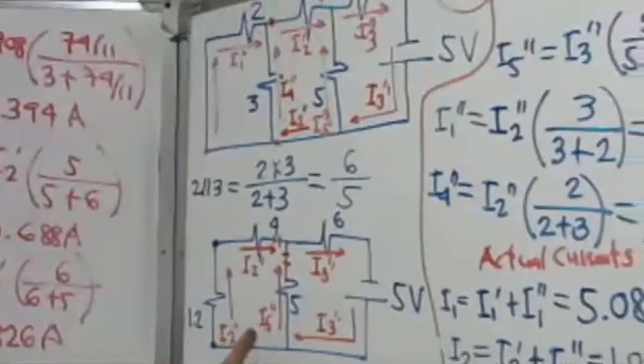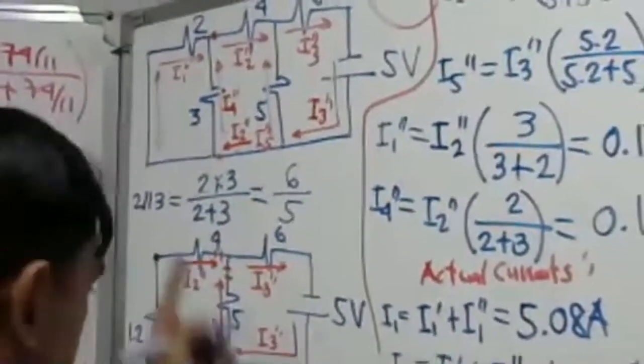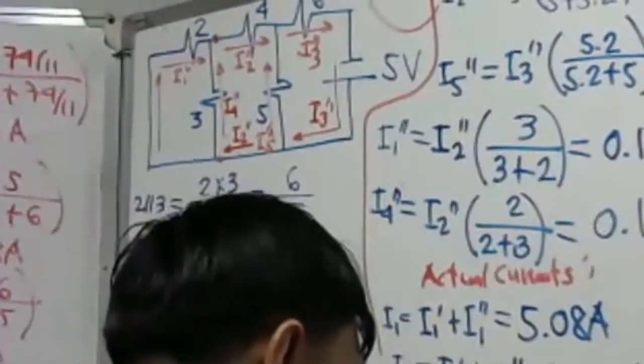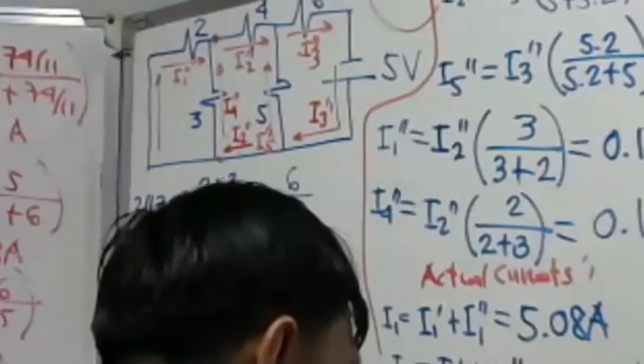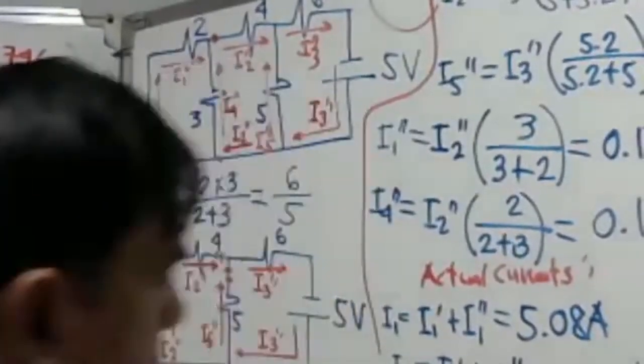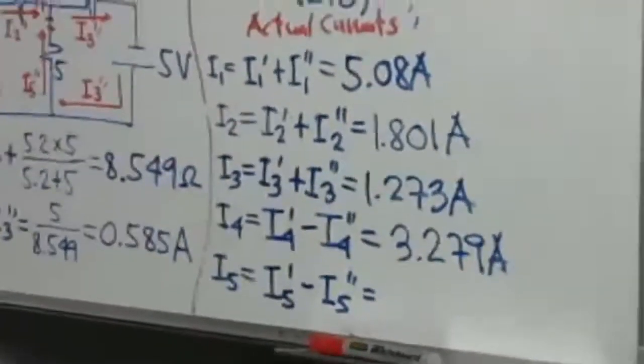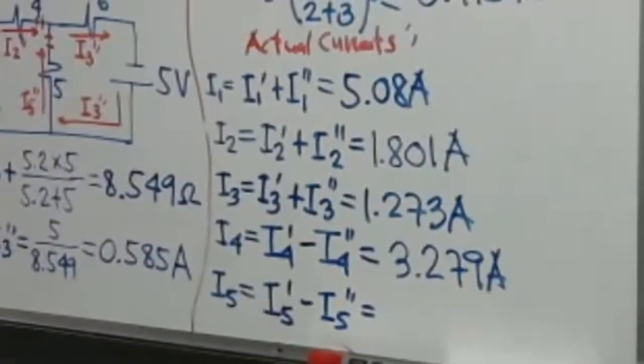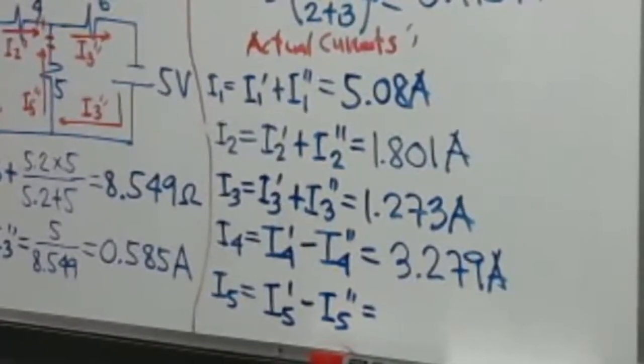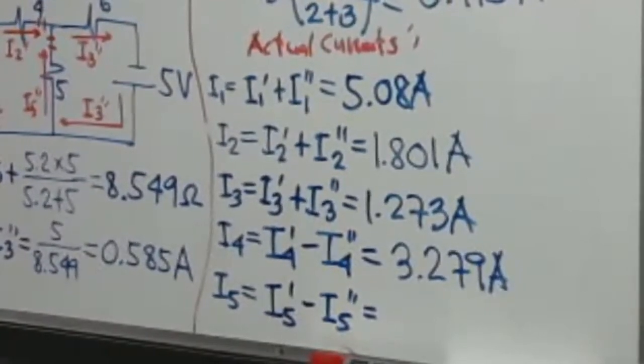By the way, the double prime is upward. Therefore, that is minus I5 double prime. Ano ang I5 prime natin, mga ka-aware pa? I5 prime is 0.826. Okay? Minus.